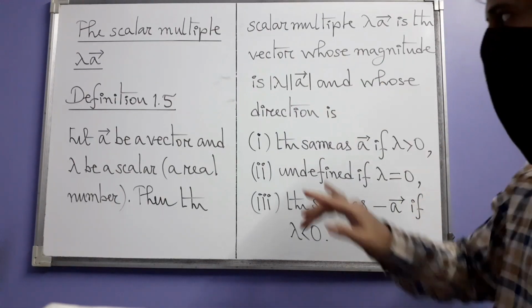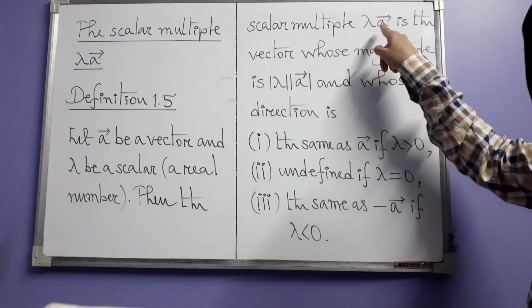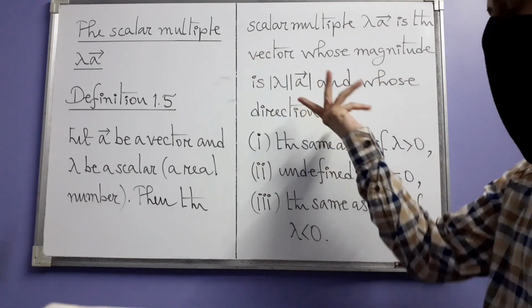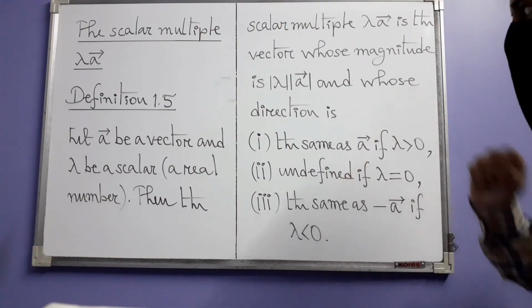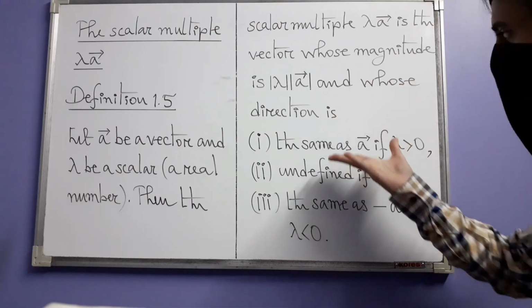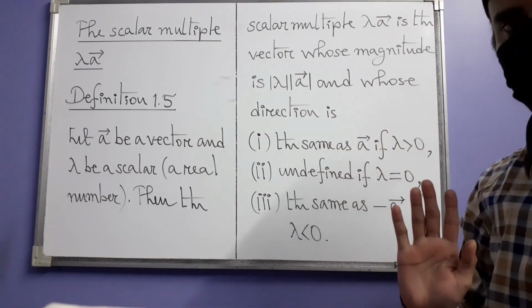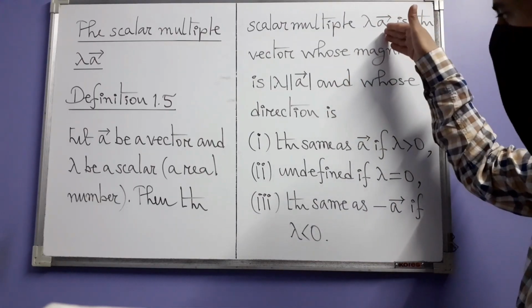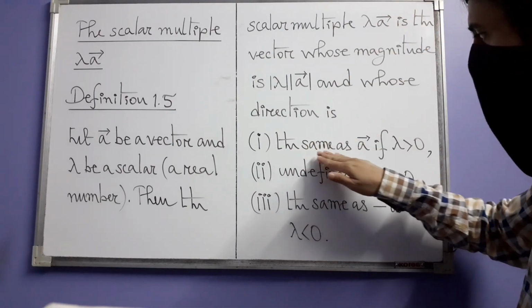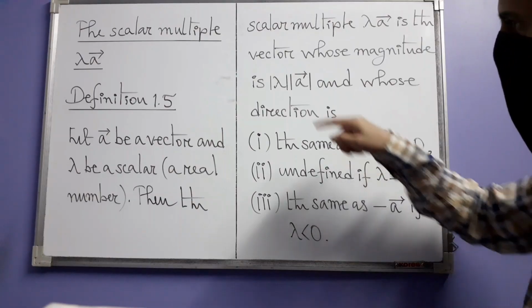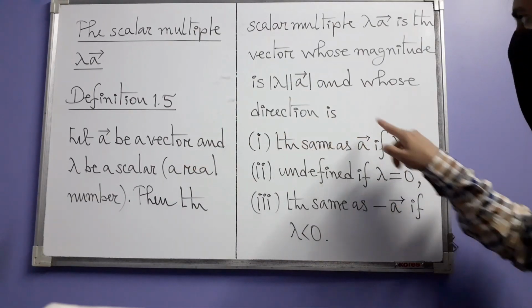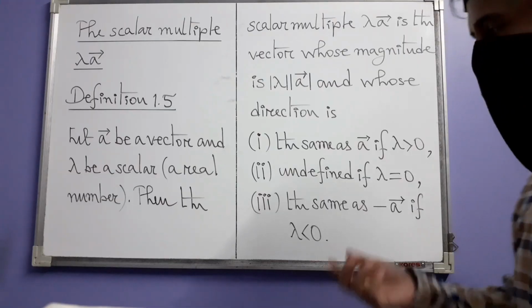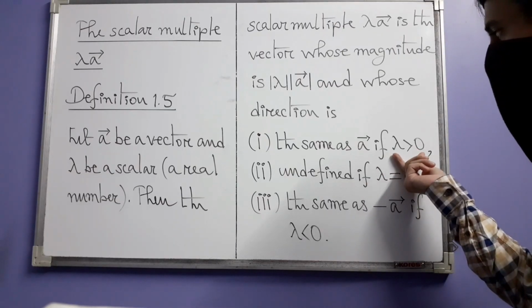Alright. So this is the magnitude of this lambda A, that abstract vector. But what about its direction? Now we are coming to that, and its direction is given by these three conditions. The direction of this new vector is considered to be the same as A if the scalar by which we are multiplying is a positive real number, if lambda is greater than 0.